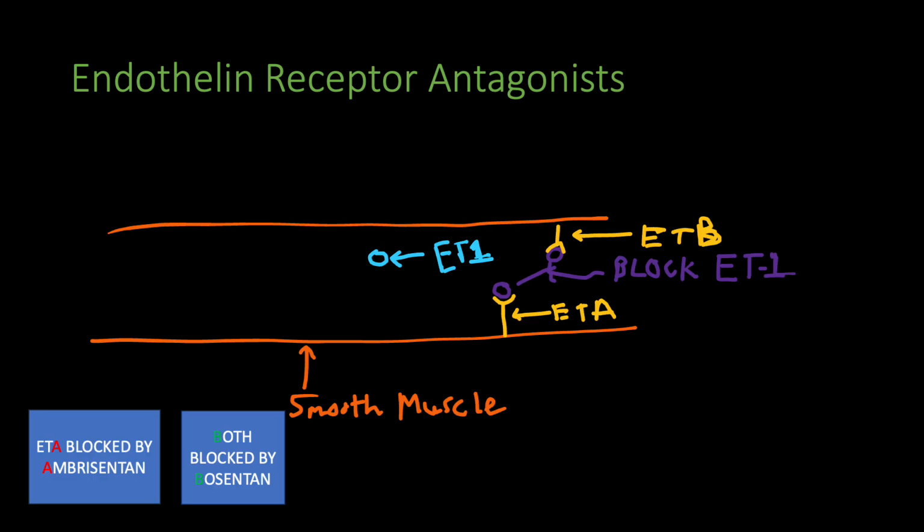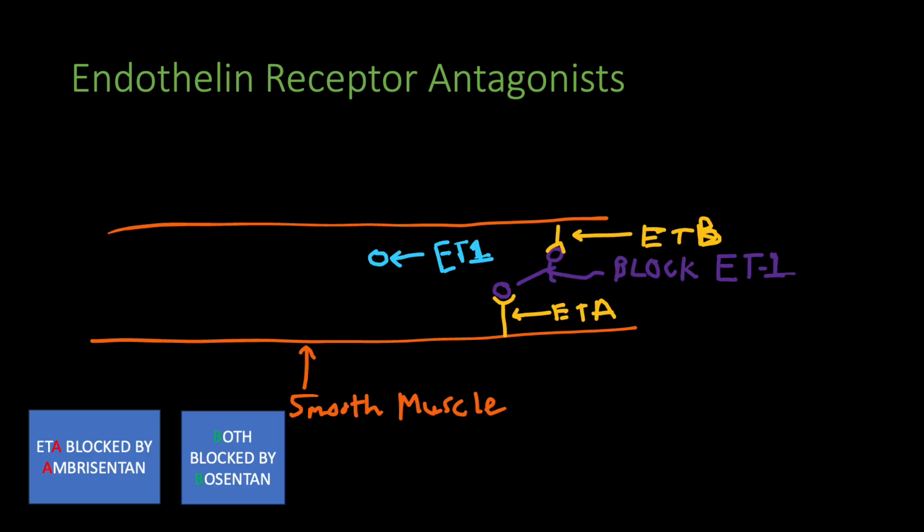In this case, on the smooth muscle, both of those would cause vasoconstriction. But it would normally just do what it needs to do for the blood to flow and get pumped out, as it normally should. But when there's an abnormally high number of ET1, it's going to lead to more vasoconstriction and less vasodilation in the smooth muscle.